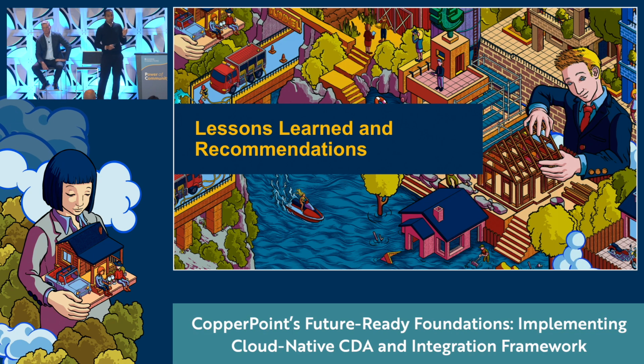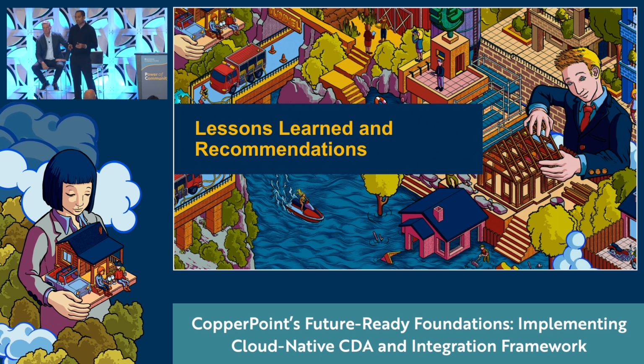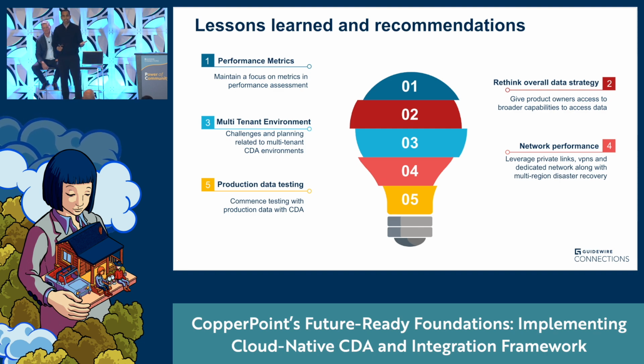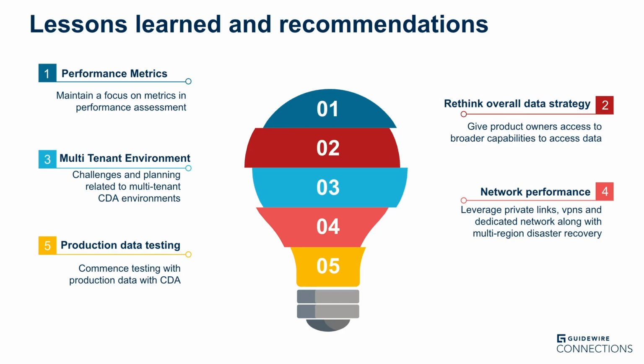So finally, we would like to offer some unique and valuable recommendations based on what we have accomplished thus far. And this is the most important slide of the day. So let's start with performance. With Guidewire Cloud, we ran into performance issues while we deployed our code and integrations in Guidewire Cloud.